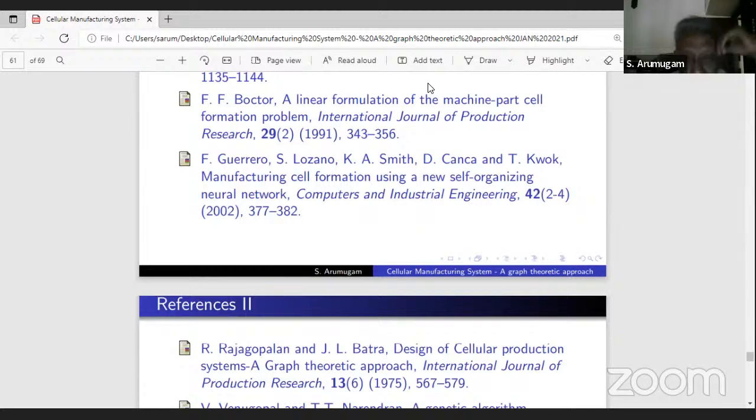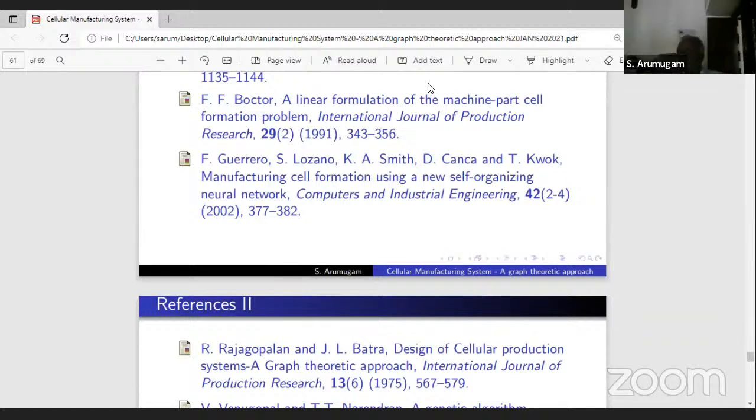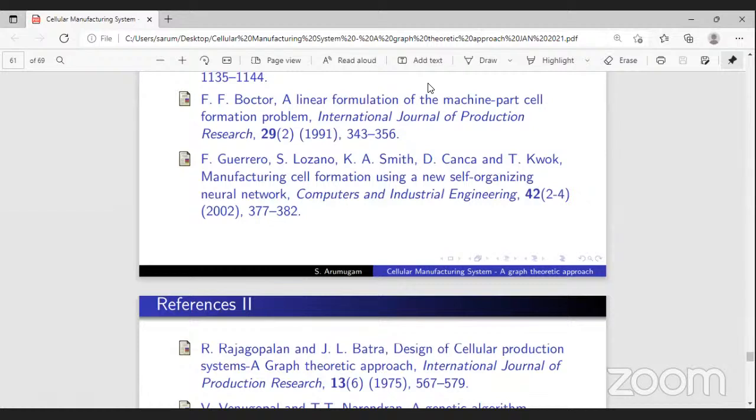Sir, can you suggest any paper in which we can see the application of graph theory, approximation analysis, or operator theory?